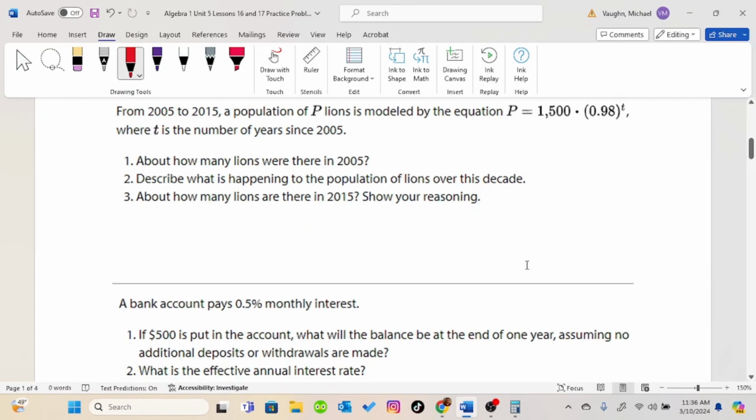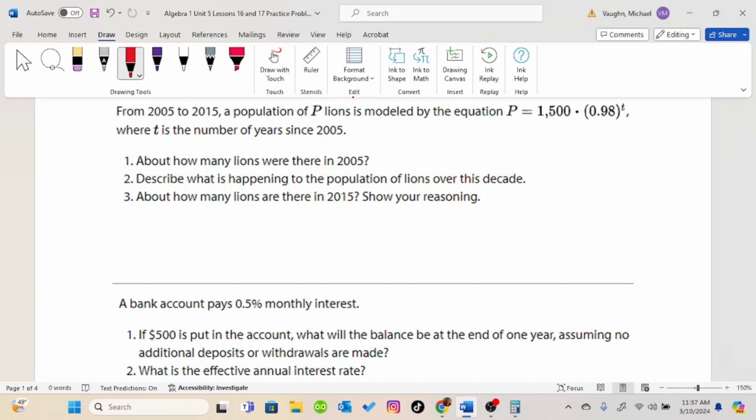From 2005 to 2015, a population of P lions is modeled by the equation P equals 1,500 times 0.98 to the power of T, where T is the number of years since 2005. Number 1. About how many lions were there in 2005?